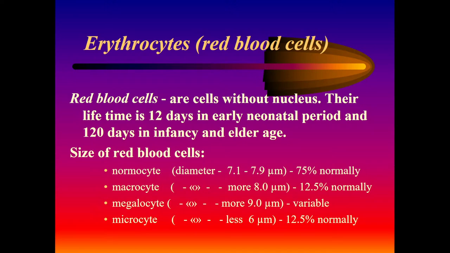Red blood cells in the early neonatal period have a short lifetime, just 12 days. And for other periods of childhood and in adult age, erythrocyte lifetime is on average 120 days.